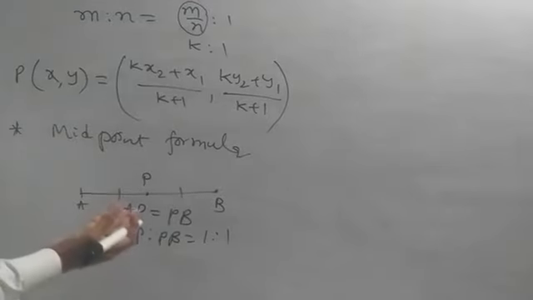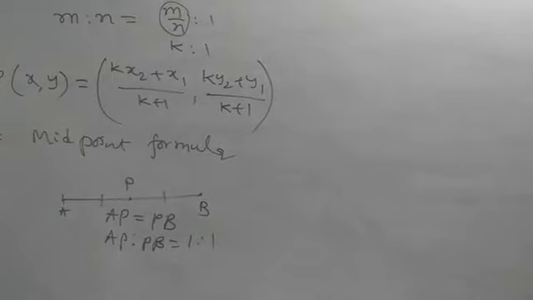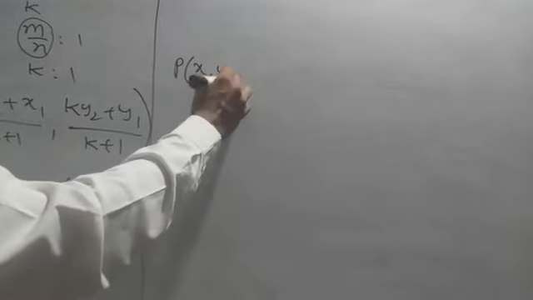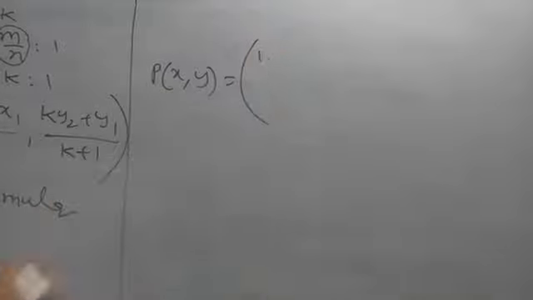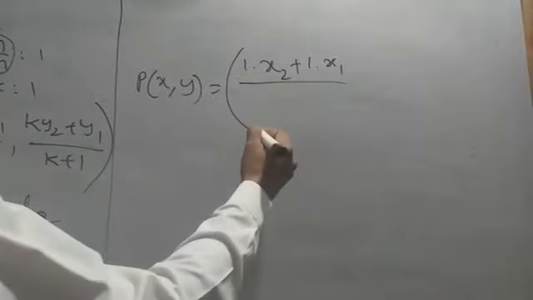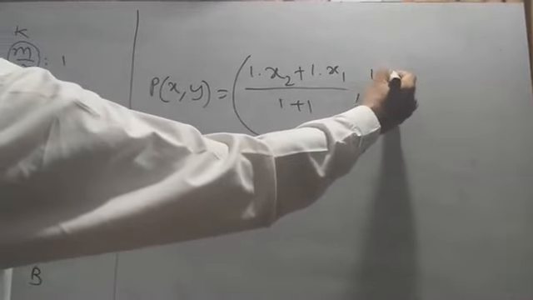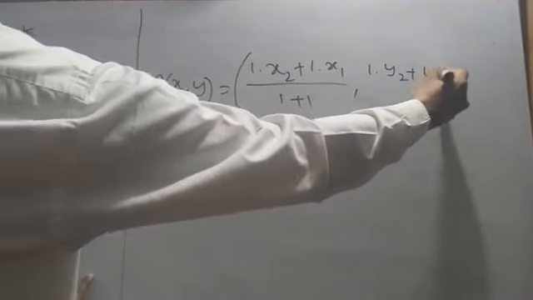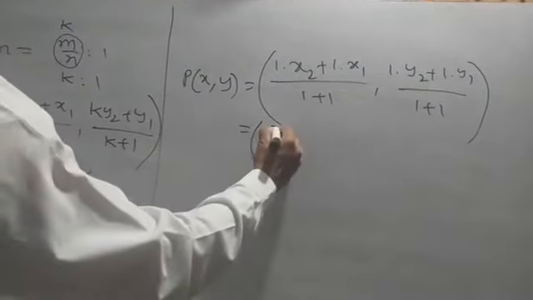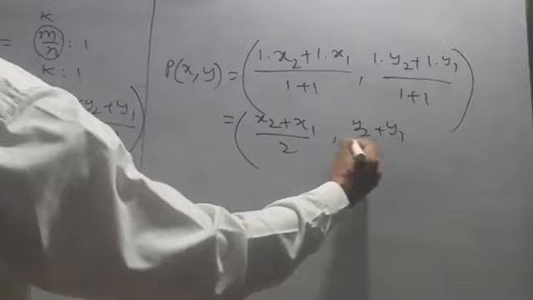So in place of m and n, if you substitute 1 and 1, then the midpoint formula can be considered as, instead of m substitute 1, so (1 into x2 plus, again instead of n substitute 1, into x1) by (1 plus 1), comma, (1 into y2 plus 1 into y1) by (1 plus 1), that equals ((x2 plus x1) by 2, (y2 plus y1) by 2).